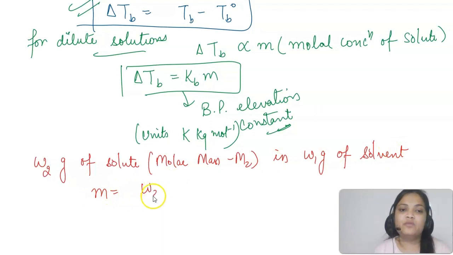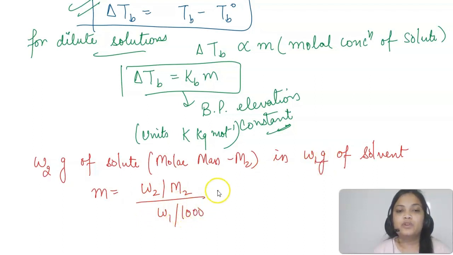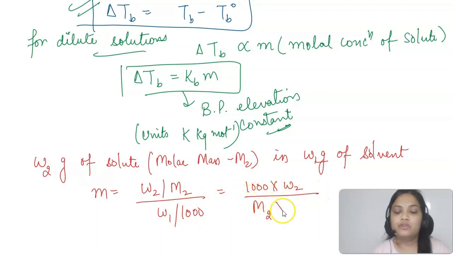Molality will be the number of moles of solute divided by the mass of solvent in kilograms. Since I have taken grams, I'll divide by 1000. So it comes out to be 1000 into W2 upon M2 into W1.